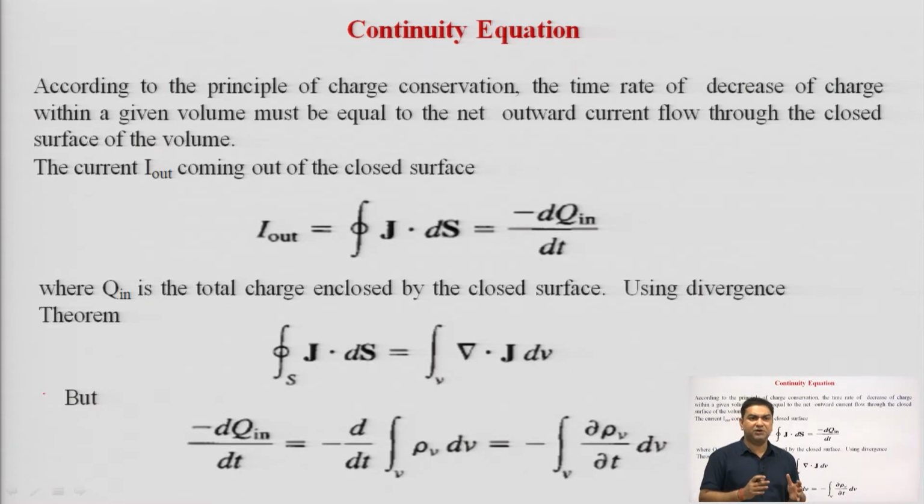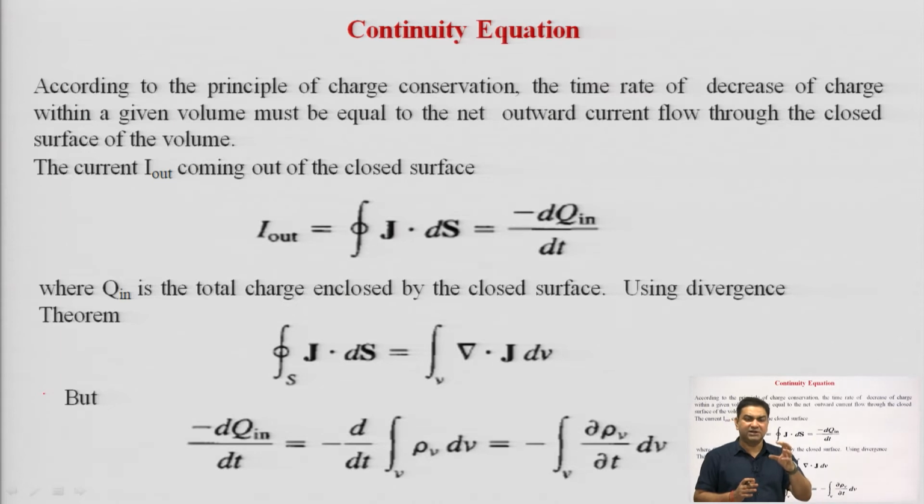According to the principle of charge conservation, the time rate of decrease of charge within a given volume must be equal to the net outward current flow through the closed surface of the volume, and it can be written like this.